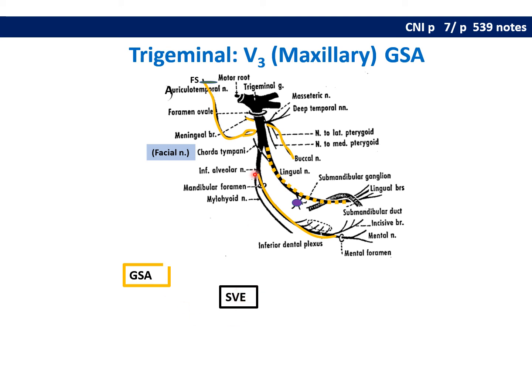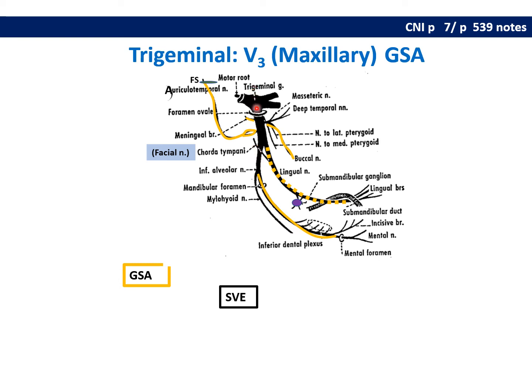The SVE fibers are drawn in black, and so you'll see that those branches to the muscles of mastication are shown here: masseteric, deep temporal, nerve to the lateral pterygoid, nerve to the medial pterygoid, but also the nerve to the mylohyoid shown here.